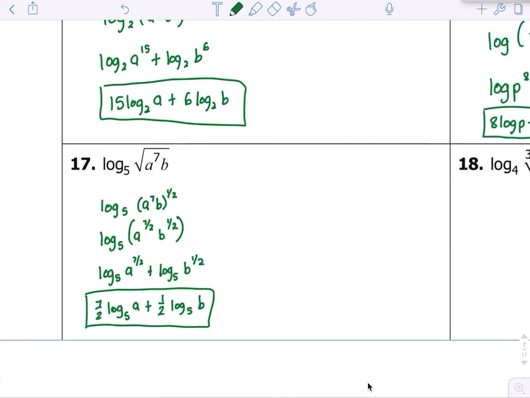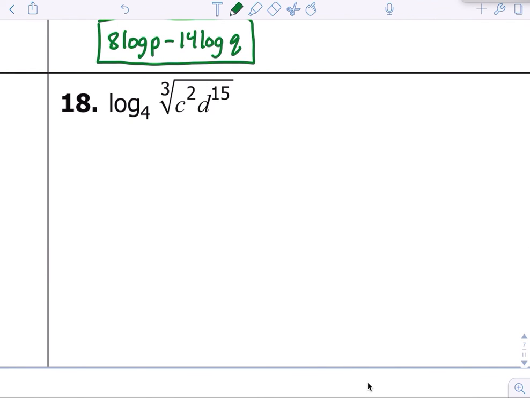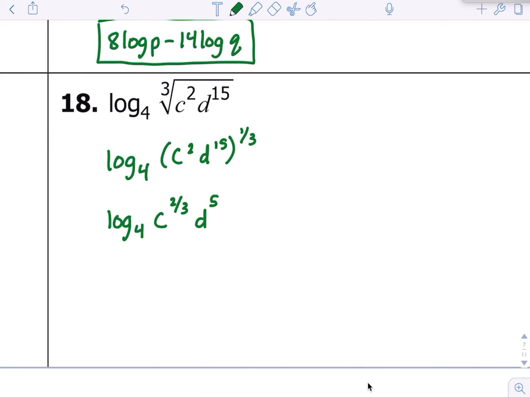And our last problem. So let's get log base 4 and make that cube root into a power. So c to the 2nd, d to the 15th, to the 1/3 power. Let's distribute that 1/3 to both powers. So log base 4 of c to the 2/3, d to the 15 over 3, you guys, is 5.